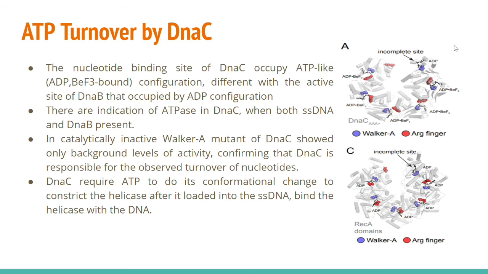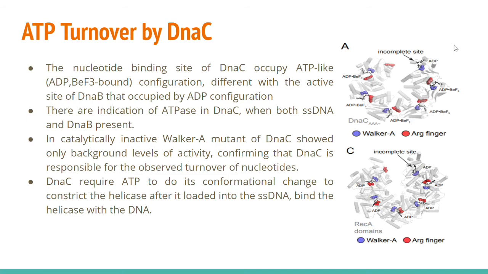Next is the ATP turnover by DnaC. The nucleotide binding site of DnaC occupies the ATP-like configuration, while DnaB occupies the ADP-like configuration. This creates a hypothesis that the ATPase activity of DnaC only occurs when both ssDNA and DnaB are present.